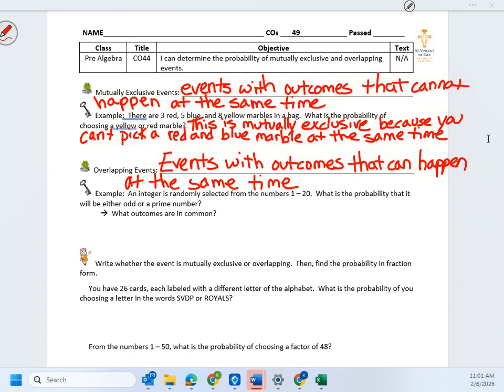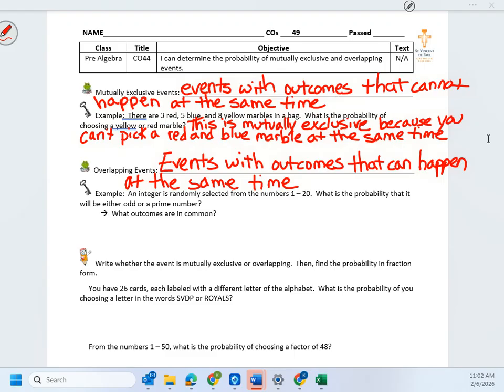So overlapping events, they can happen at the same time. So here's our example. An integer is randomly selected from the numbers 1 to 20. What is the probability that it will be either odd or a prime number? Think about that.